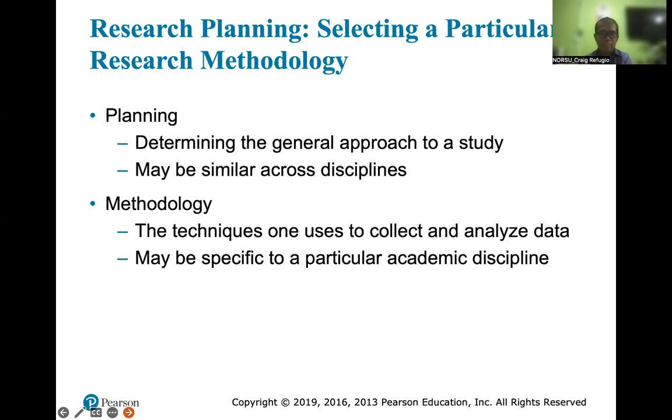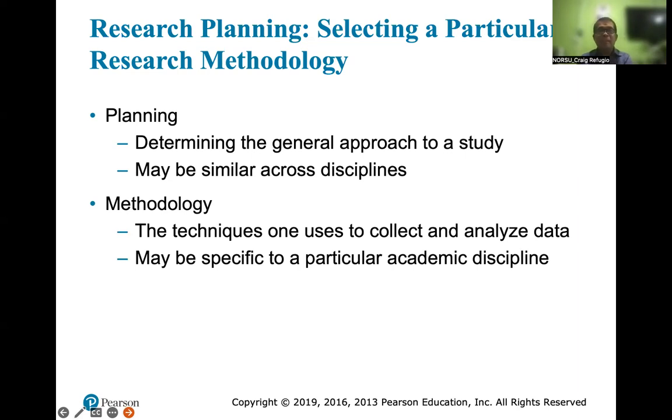Are you going to consider mixed research design, a combination of quanti or quali? And in that case, are you going to start with a quantitative, then followed by the qualitative? Are you going to start with a qualitative, then followed by the quantitative? Or at the same time, you are going to consider both the quantitative and qualitative data or approaches?